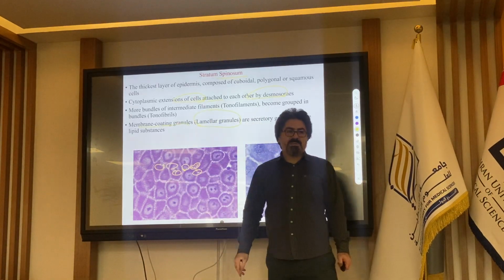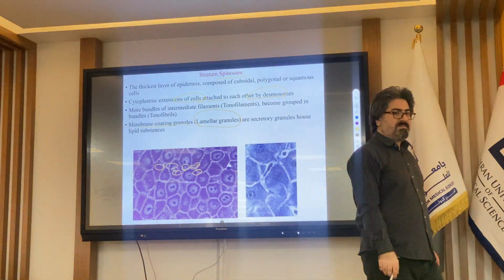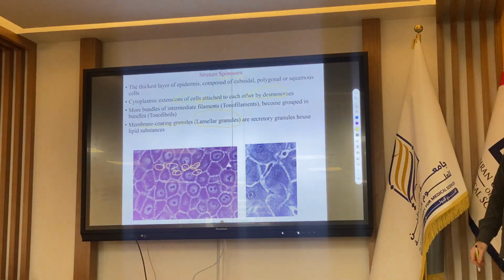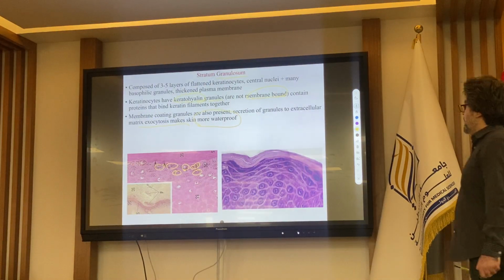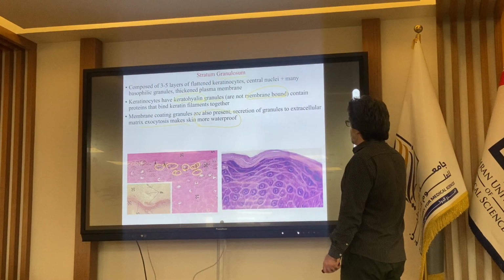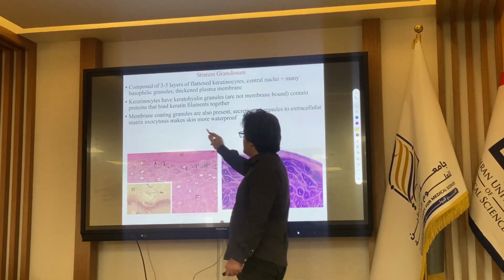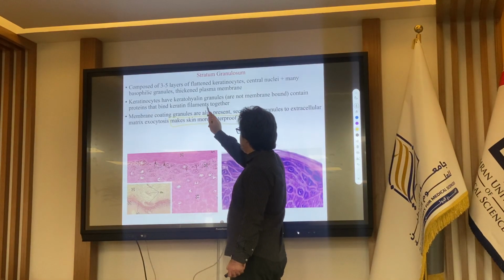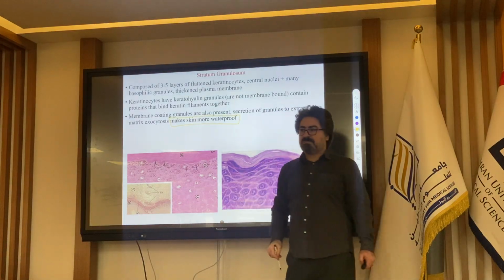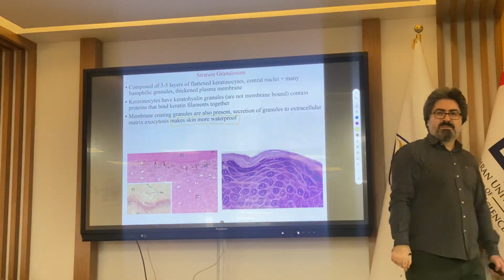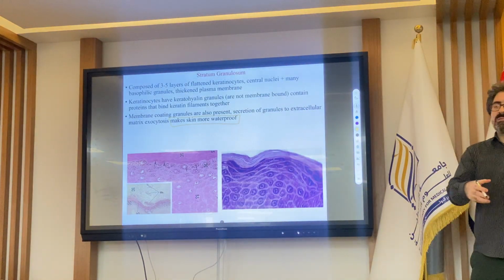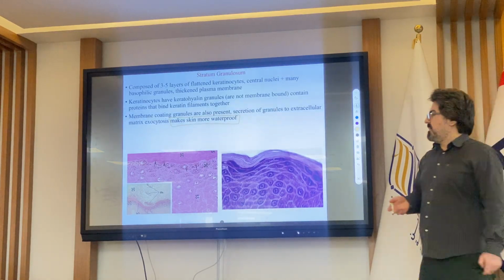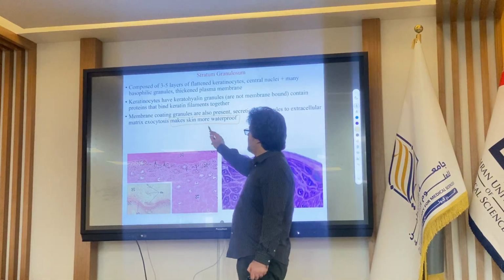These membrane-coated granules are derived from Golgi complexes. What is the function of these granules? Focus on this. They make the skin more waterproof. These granules undergo exocytosis and make the skin more waterproof.